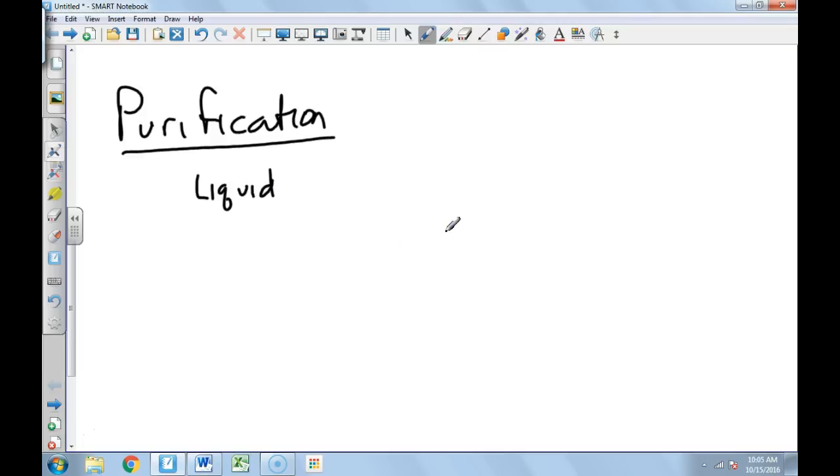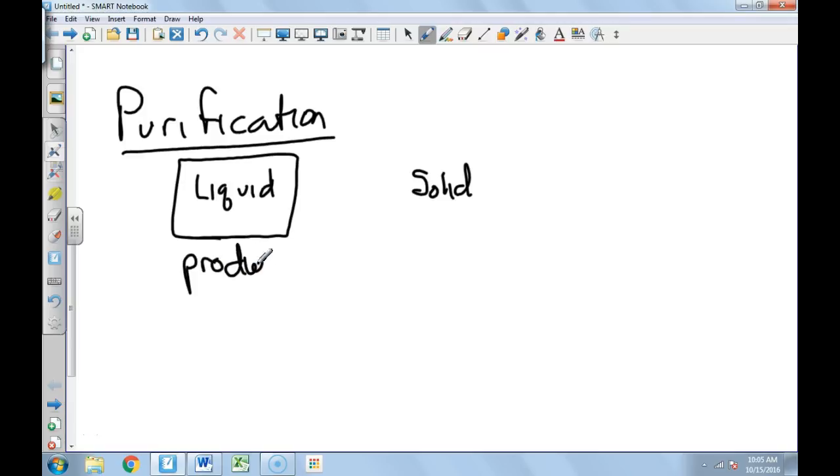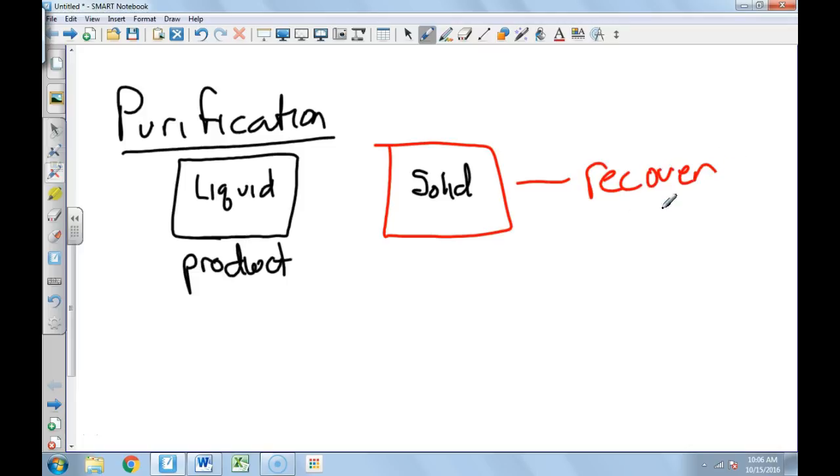But benzoic acid is a solid. So what you are going to do for this lab is make sure you isolate the liquid product, but you're also going to recover the solid benzoic acid.